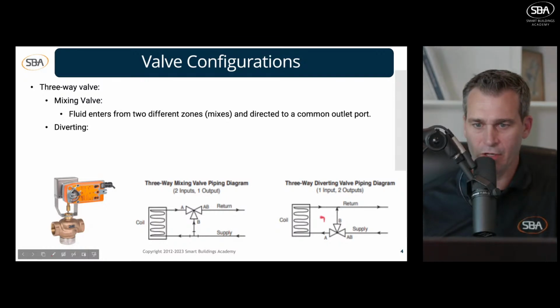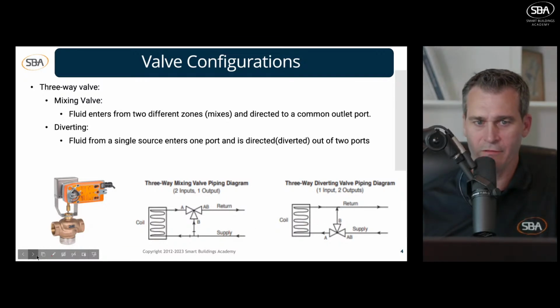The other type, over here on the bottom right, is called our diverting valve. Now, this fluid is from a source that enters one port and then is directed or diverted out of two ports. So over here, we have our supply entering from our chiller. That's going to be AB right here. And then at AB, it's going to go one direction out of port A to the coil, or it can go to port B back to the return, back to the chiller or the boiler hydronic system.